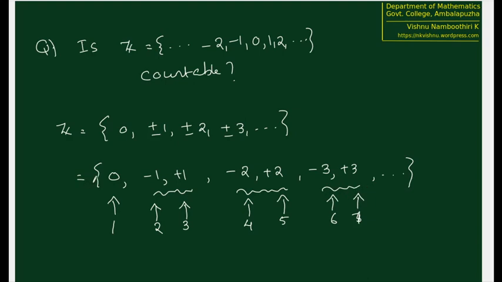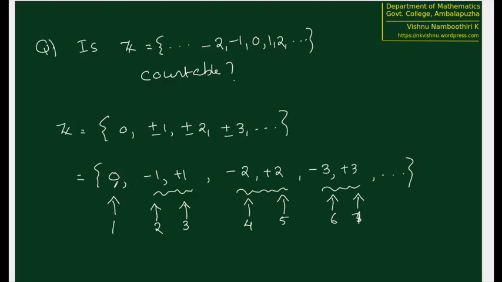This labeling we formulated in a formula-like structure in the following way. We defined this labeling from N to Z by the following expressions. F of n we defined to be, just see that here 1 goes to 0, that is n going to n minus 1. Now 3 going to 1, that is 3 going to 3 minus 1, that is not correct. Okay, we will look at one more element. 5 going to 2, we are looking at the positive elements.